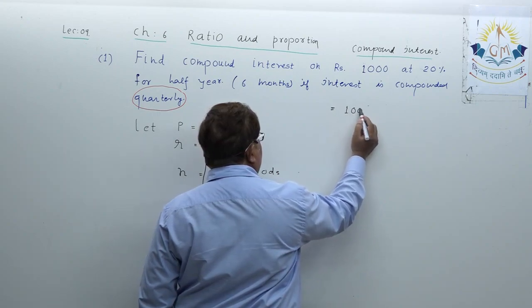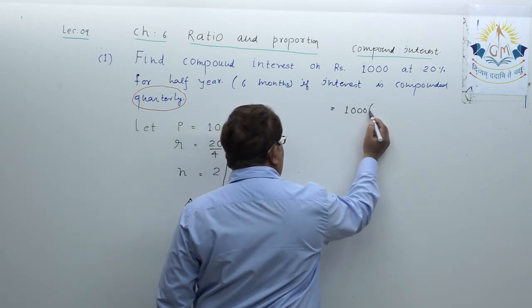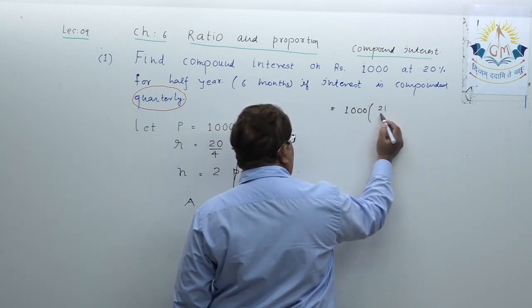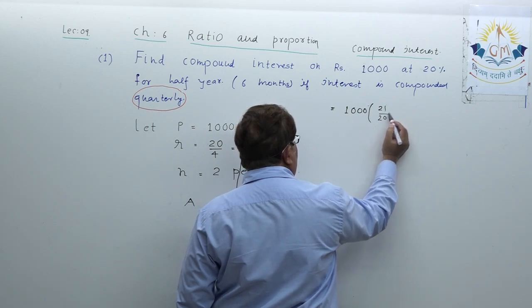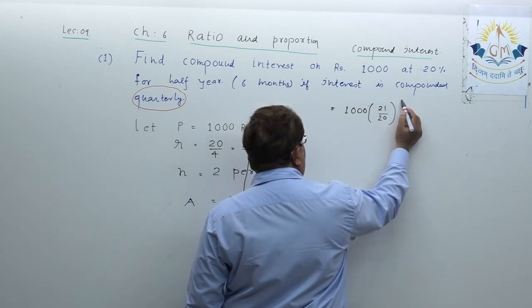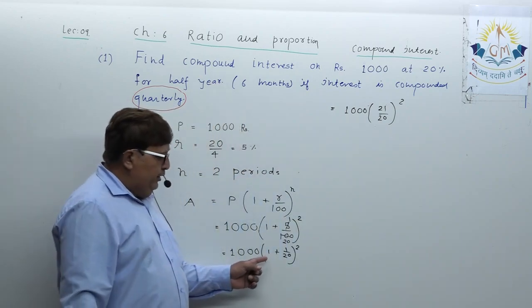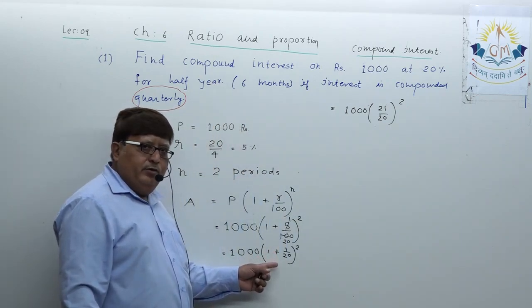1000 into bracket 21 upon 20 raised to the power of 2. How you got 20? So this many practice of sum.